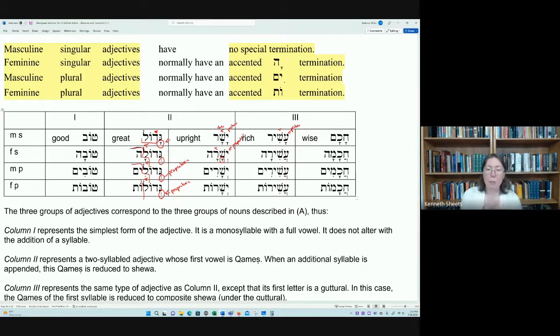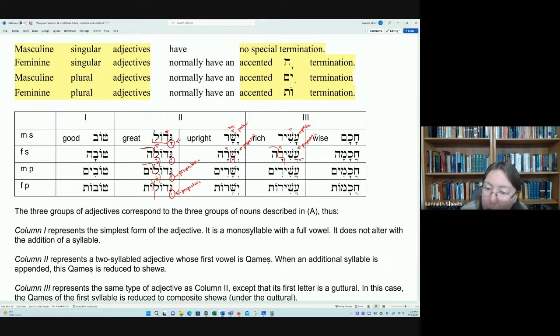But then, as soon as we add the ending, the accent moves, and as a result, the kamets would have been propretonic, and so it can't stand there, so it reduces to a vocal schwa, but because it's on a guttural, that schwa is composite. So thus we have ashira. And same thing here when we come to the masculine plural, ashirim, and ashiroth.